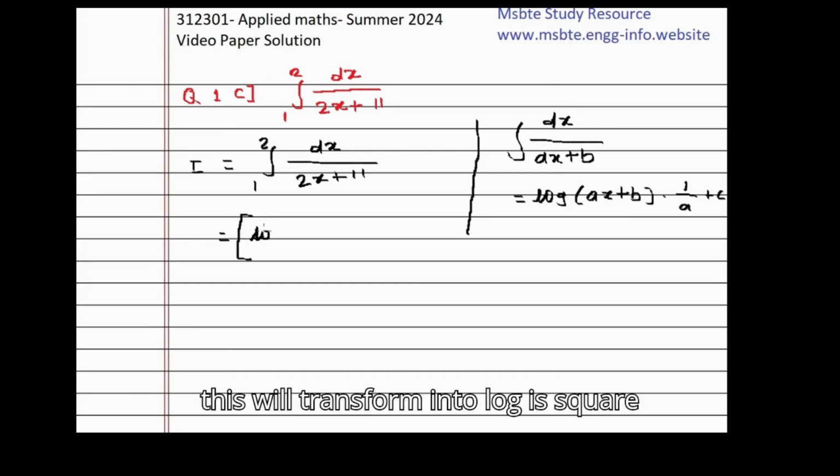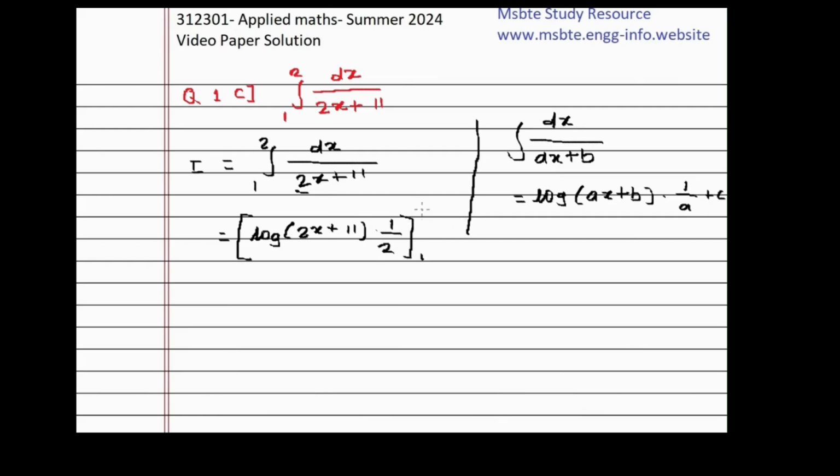This will transform into log. इसका बनेगा 2x plus 11 into 1 upon 2. A is this coefficient of x. और इसको लिमिट अप्लाई करेंगे 1 to 2. अब इसमें 1/2 is a constant term. We can take it out of bracket and then apply limit to this term log 2x plus 11.